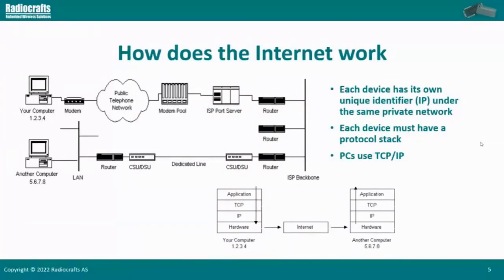Famous types of protocols are, for example, the hypertext transfer protocol, HTTP, which is the protocol used to view websites through a web browser. You also have another set of two very famous protocols, TCP and IP, which is pronounced TCP over IP. And very briefly, they lay down some common rules and languages for computers and the internet to speak with each other.